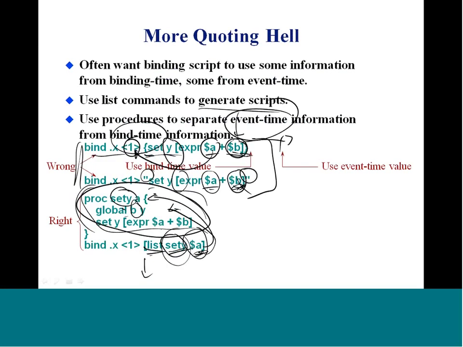Now we have two concepts basically. There's the binding time and event time, and how do we do this? Any script would want some information from the bind time, meaning if you are interactively selecting, and then something from the event time which is driven through the time. So how do we select those things?